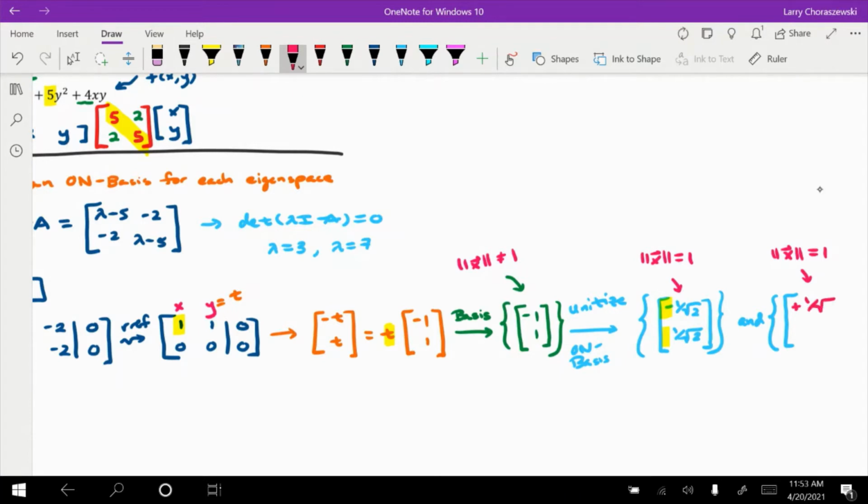So positive 1 over radical 2 and negative 1 over radical 2. So in terms of the eigenvectors that satisfy the constraint, we've got two of them. We've got this basis vector, and we also have this basis vector.